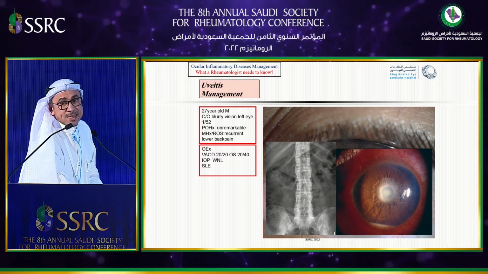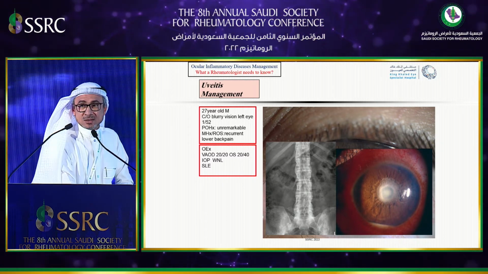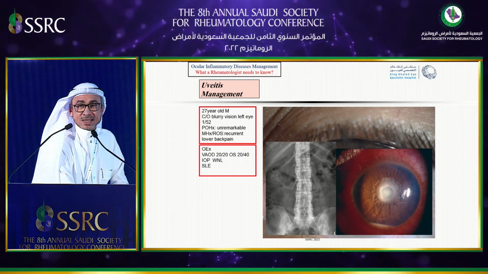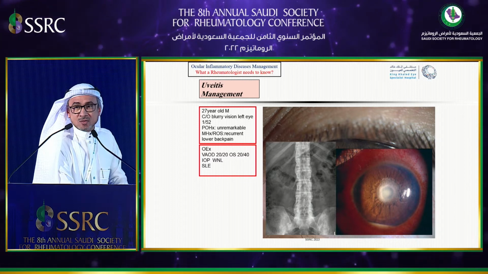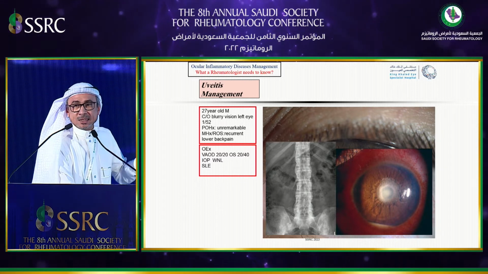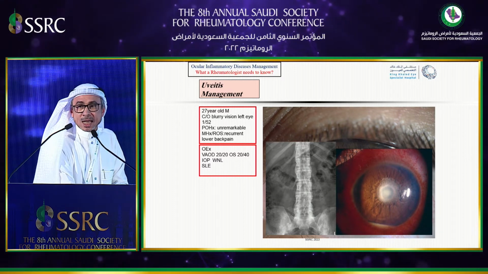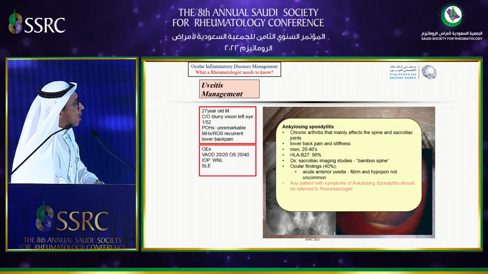This patient is important to be referred immediately to a rheumatologist to assess him for systemic disease associations by doing MRI of the sacroiliac joints, and the patient might need aggressive treatment with biologic and immunosuppressive medications.